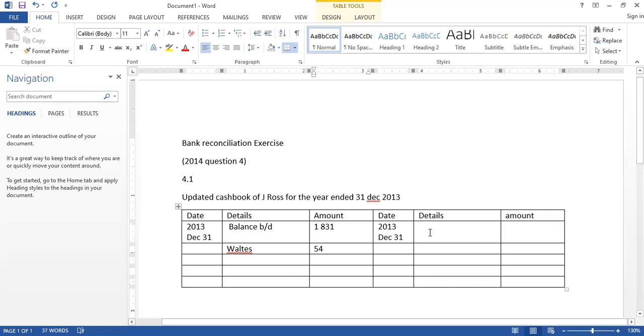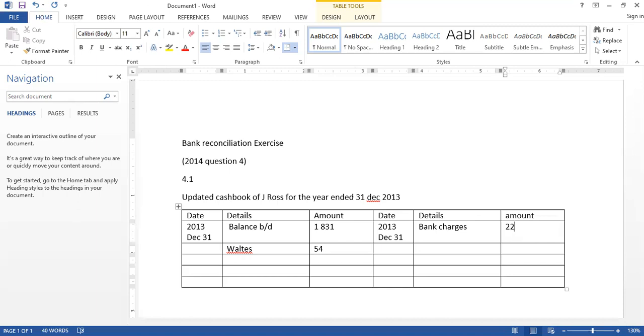Do you understand? Yes. Okay. So we'll have bank charges of 22 Namibian dollars. So we go back to our information. Do we have any other information that is not appearing on the cash book?